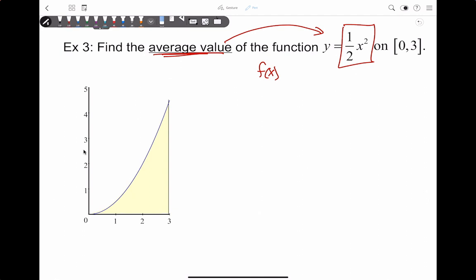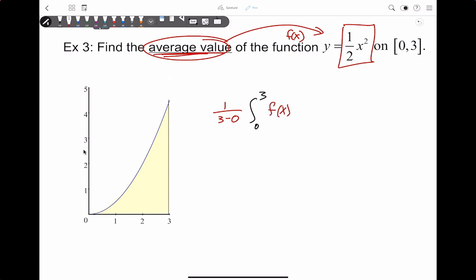We're going to start with 1 over b minus a, because we want to divide by that jump. So 1 over 3 minus 0 is multiplied with the integral from 0 to 3 of whatever it is that we're taking the average of. We're taking the average of f of x, so f of x goes in here.